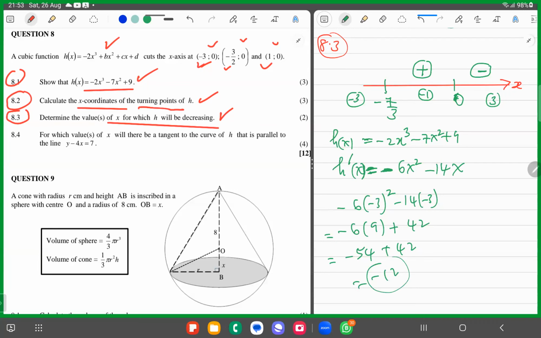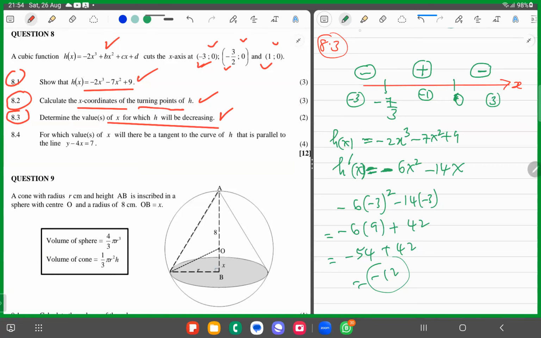So this is negative. Okay, we continue. So now you have a negative there.